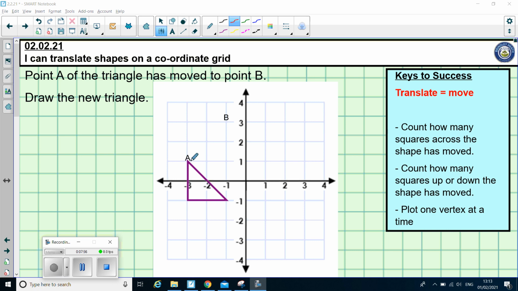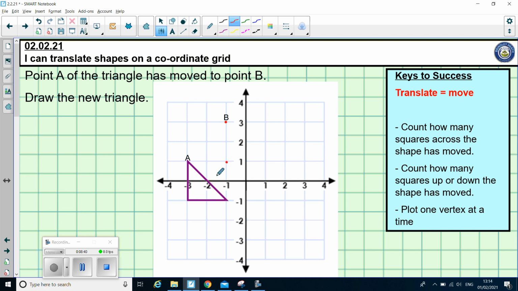So, start with going across. So, point A has gone across 1, 2. Okay, it has gone across 2. And then it has gone up 2. So across 2, up 2. Okay, so I'm going to take each vertex in turn and do them individually. So point A, they've already done for me. Point B, I need to do exactly the same. I need to go across 2 and up 2, because that is what they've done to A. So for this vertex, I'm going to go across 2, 1, 2, and up 2.